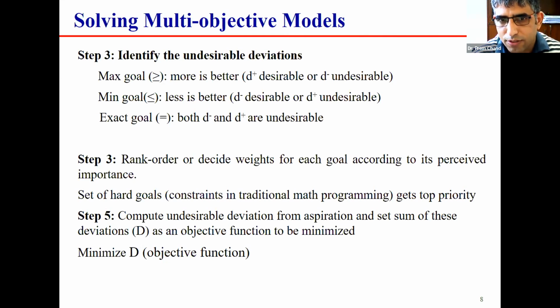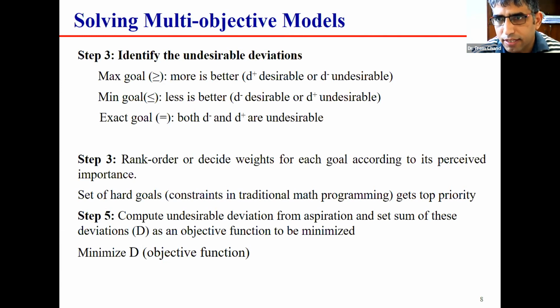Next, we rank or weight our goals based on importance. Suppose my top priority is to earn profit, my second priority is to reduce water, and my third priority is to fulfill my family obligations, meaning a minimum quantity of food grains. Either we weight or we rank.